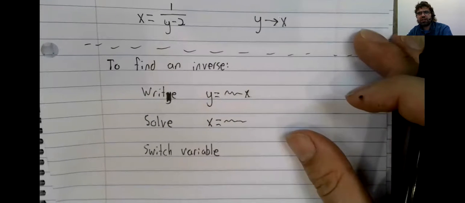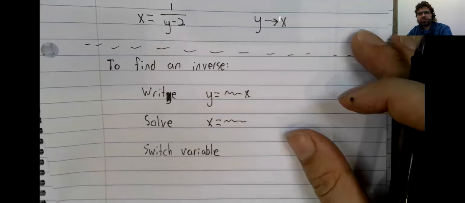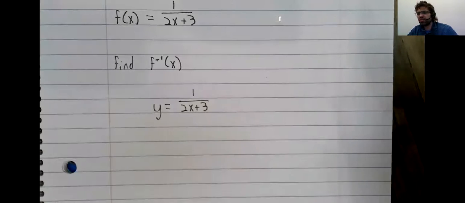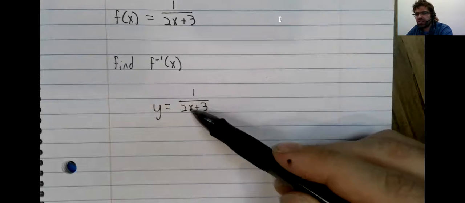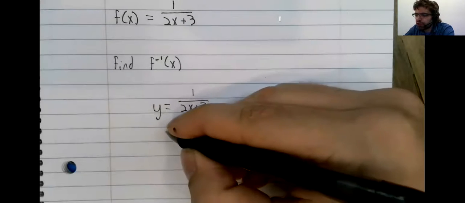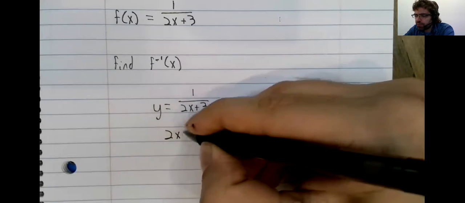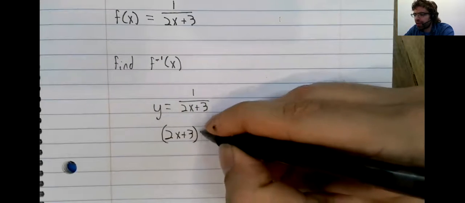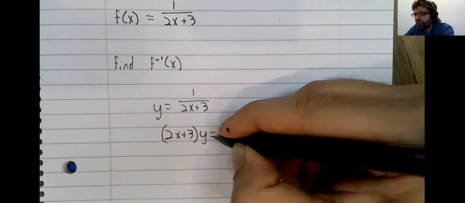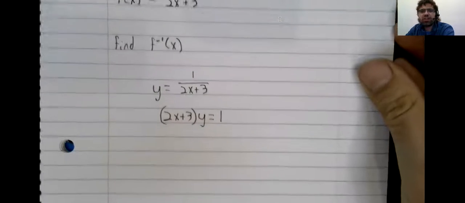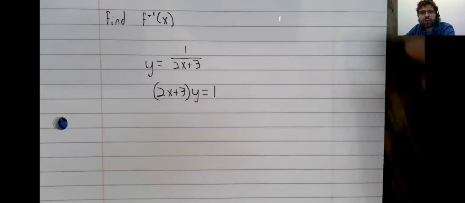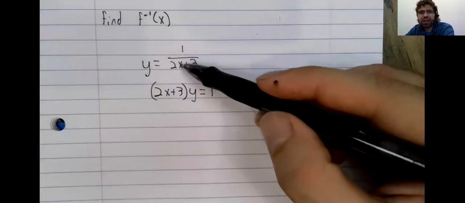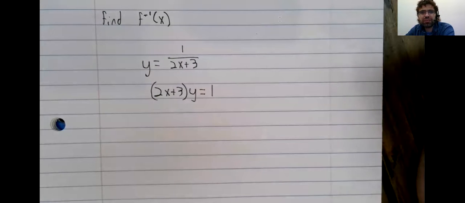And now this becomes an algebra exercise. We need to solve for x. So x is in the denominator of a fraction. If we want to solve for x, we need it to not be in that denominator. So probably the first thing we should do is multiply both sides by this.